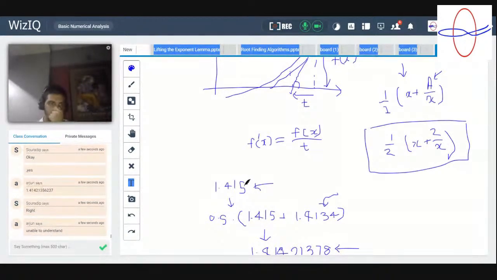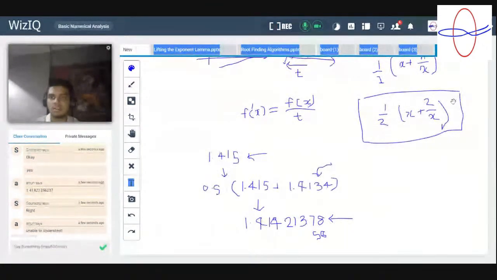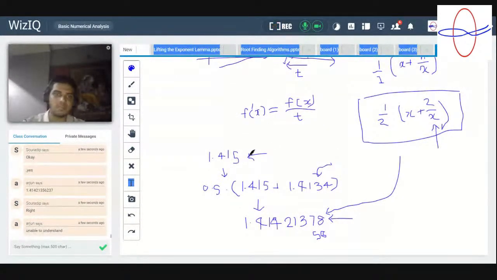So I took the value of 1.415 to start with, and I just put the value in here, and the very next iteration that I got is this number here, 1.41421. The non-trivial part here is actually dividing 2 by 1.415, which will take a significant amount of time at least.